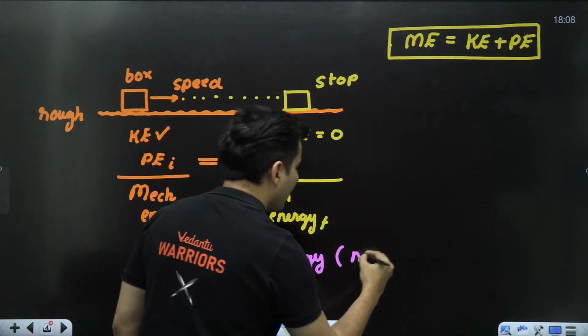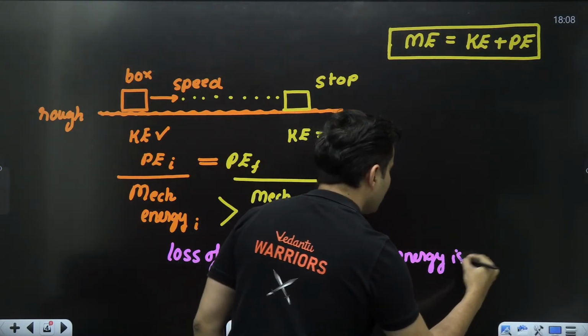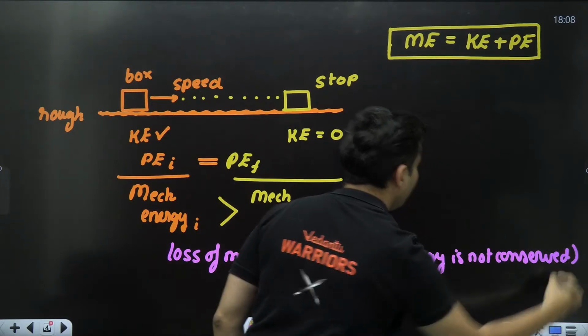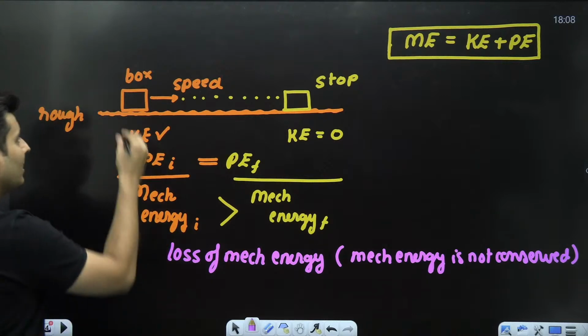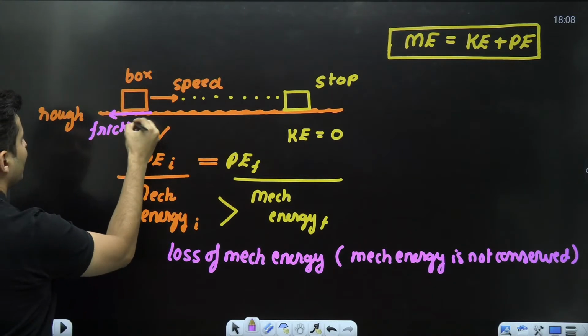Or else I can say mechanical energy is not conserved. It is not constant. Why is it not conserved? Because of friction.